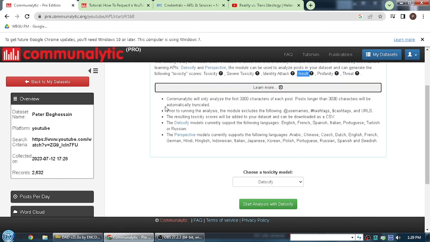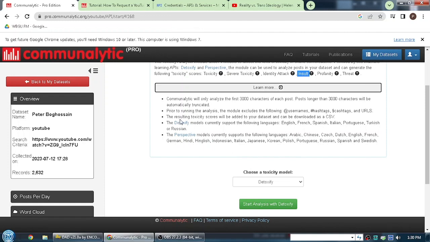Communalytic will only analyze the first 3,000 characters of each post. Posts longer than 3,000 characters will be automatically truncated. So I guess there's a restriction there, but who's writing more than 3,000 characters really? That would have to be a very toxic person indeed. Prior to running the analysis, the module excludes usernames, hashtags, cashtags, and URLs.